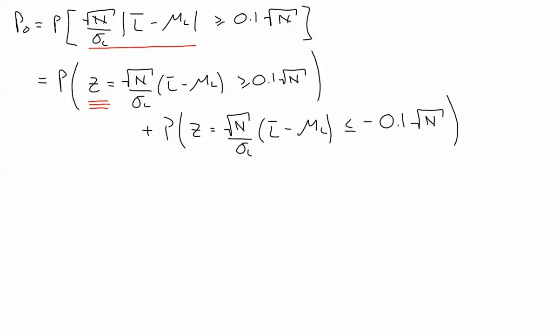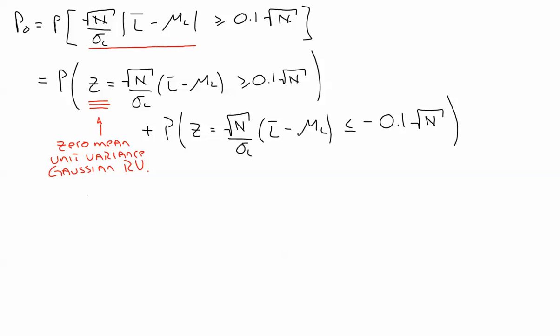equal to Z, and we'll remember that Z is a zero mean, unit variance Gaussian random variable.